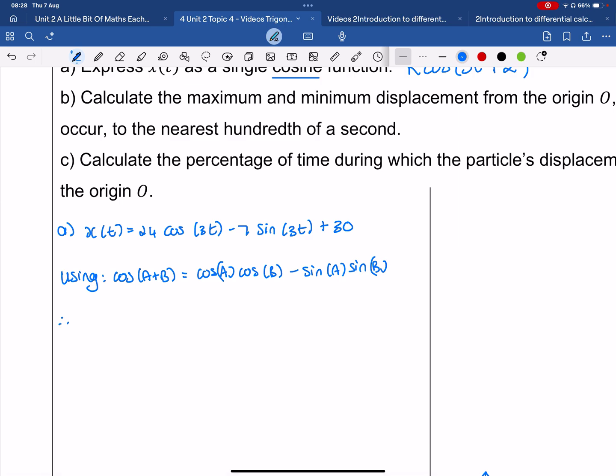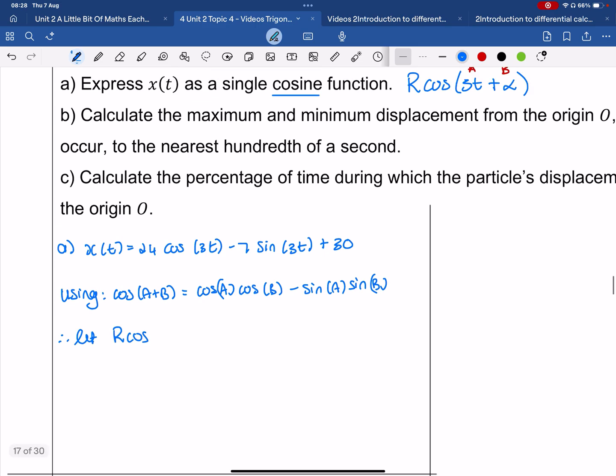that we're going to let this thing that I want to create, my new function, equal r times cos of 3t cos of alpha minus sine of 3t sine of alpha.